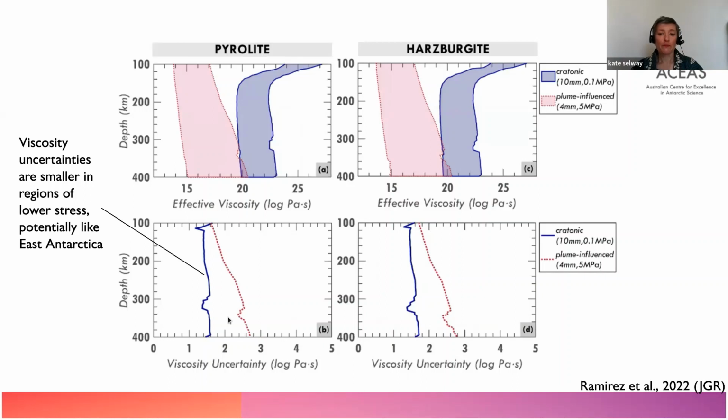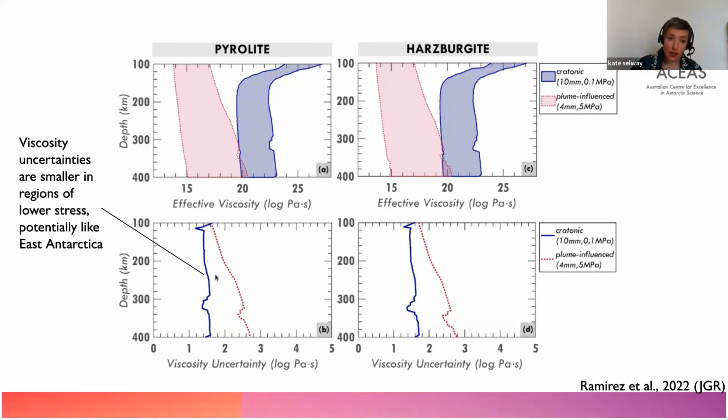Here she's run a cratonic example, which is the type of geological system that we're in East Antarctica, where things are a bit colder and there's lower stress, compared to a more geologically active region where there are higher stresses and higher temperatures.